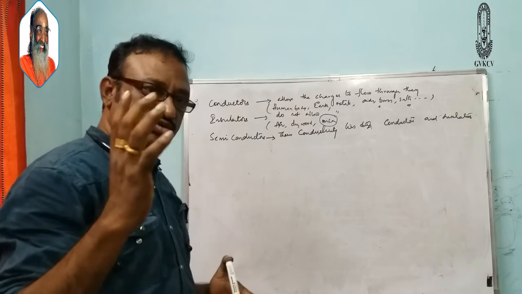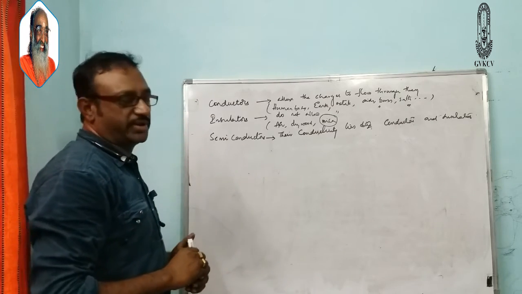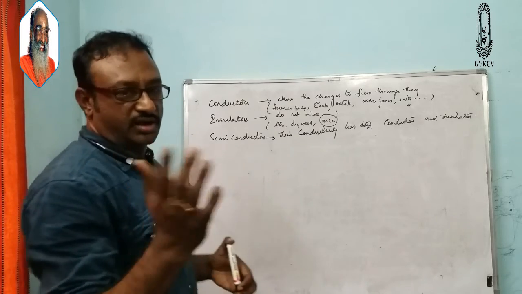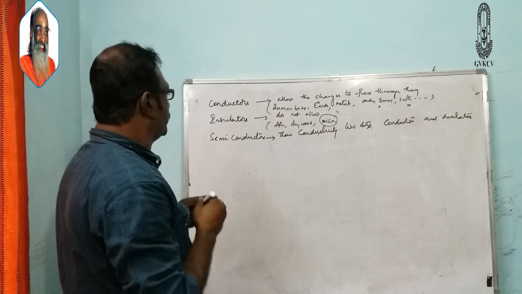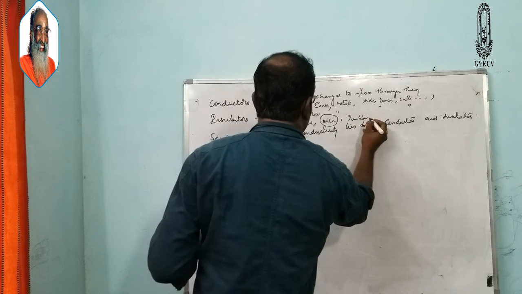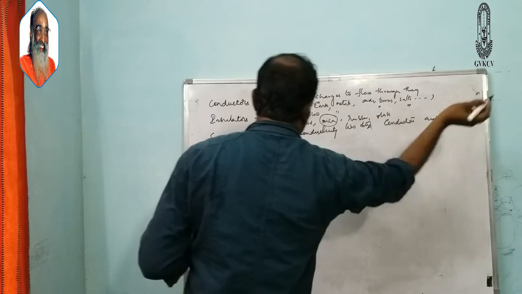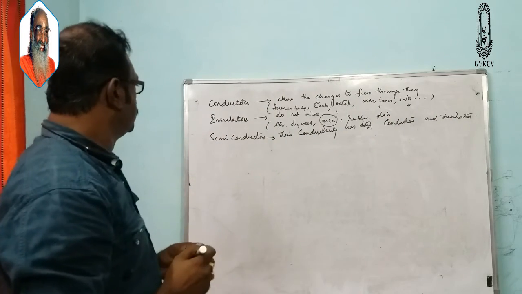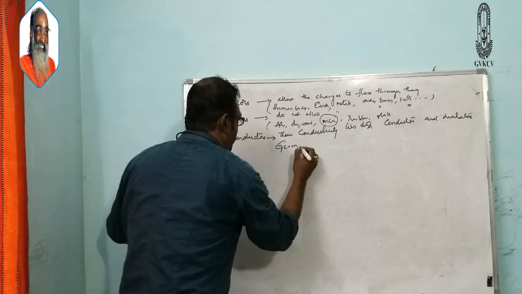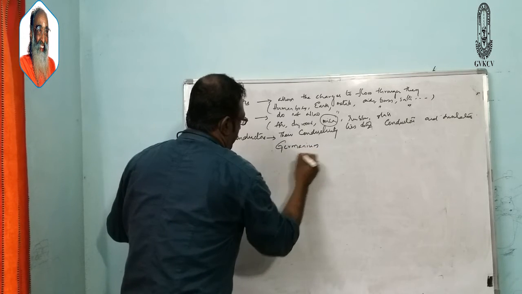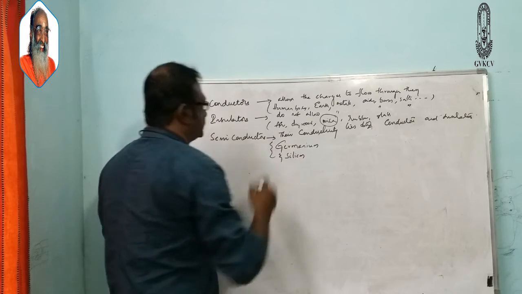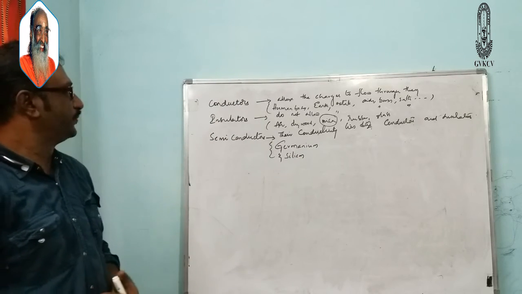That's why it is used in some electric appliances, because it won't conduct electricity but it can transfer heat. Also rubber, glass, pure water, like that. And semiconductors: germanium and silicon. So these are the examples for semiconductors.